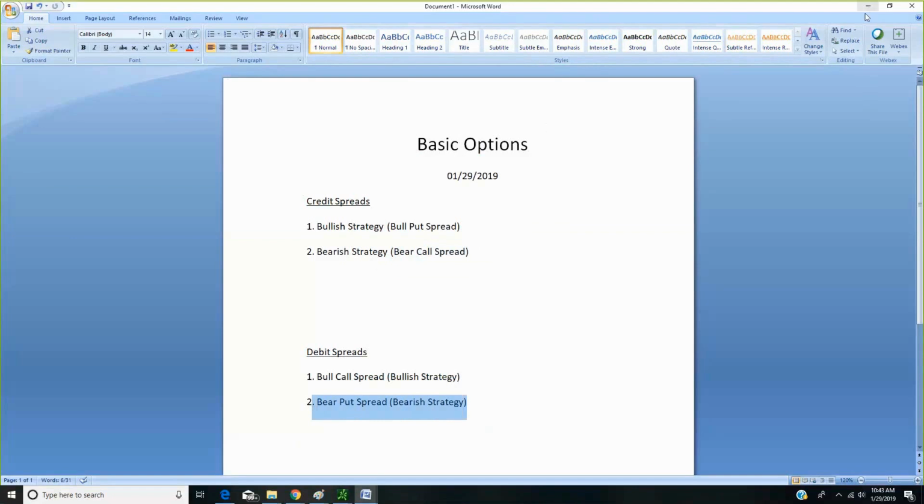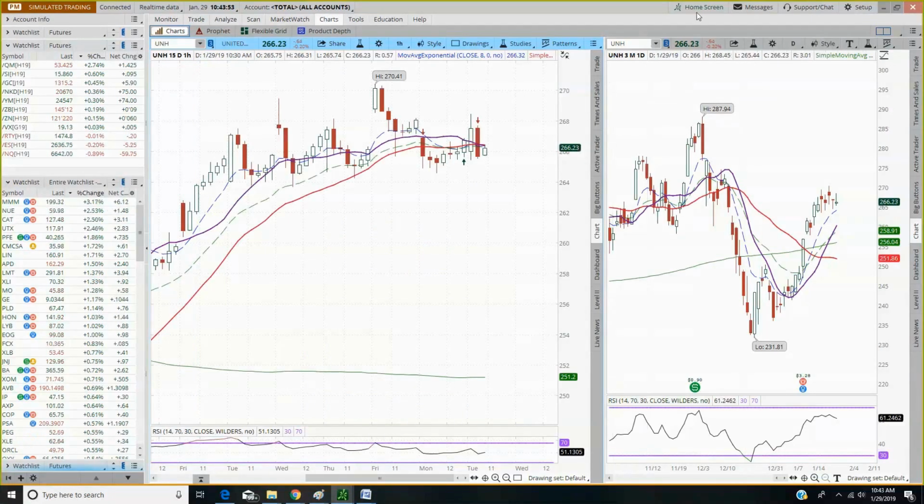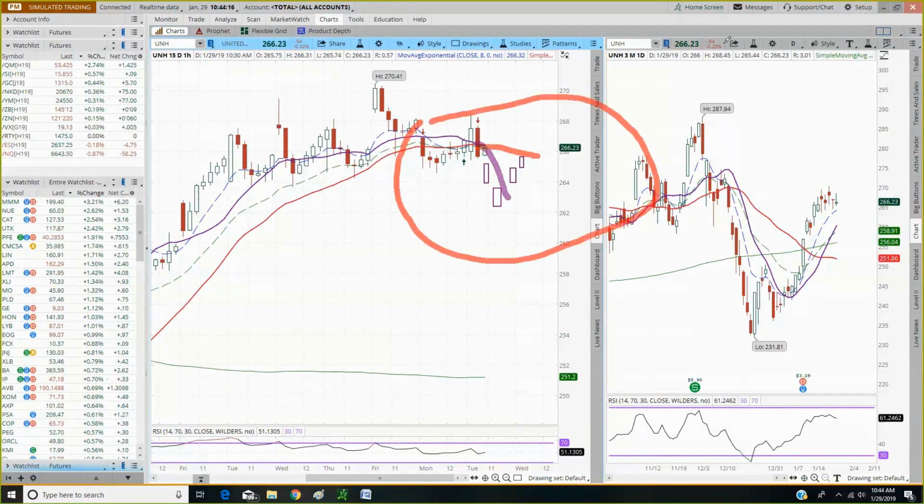In order for me to see that, I want to see this cross, right, more defined, and price to come down, hook back up into these moving averages, right? That's when I'll look at taking the bear put.